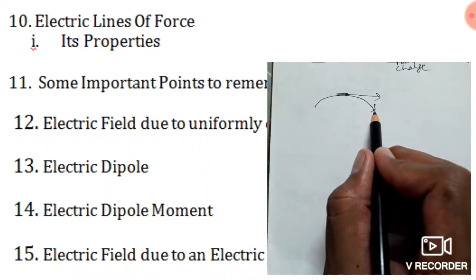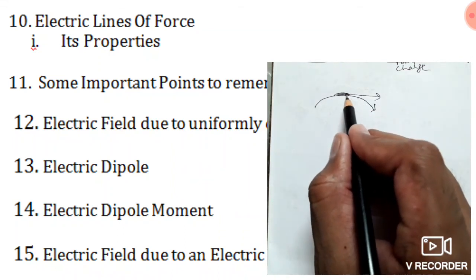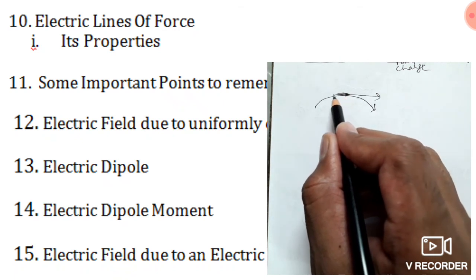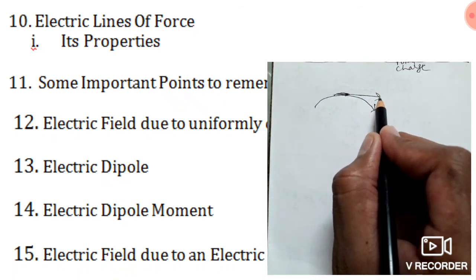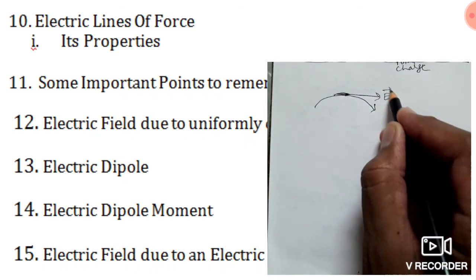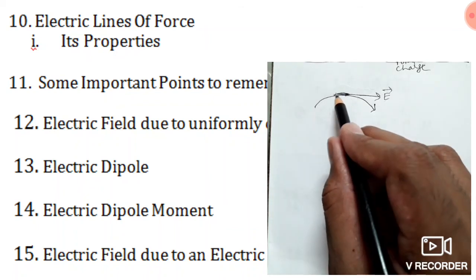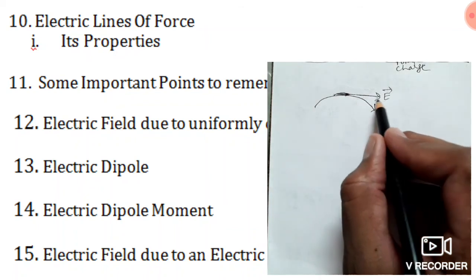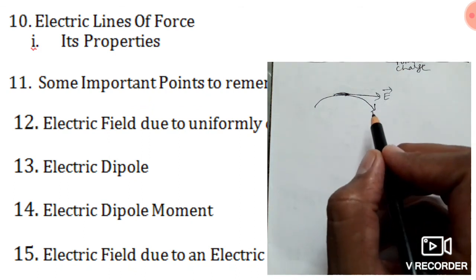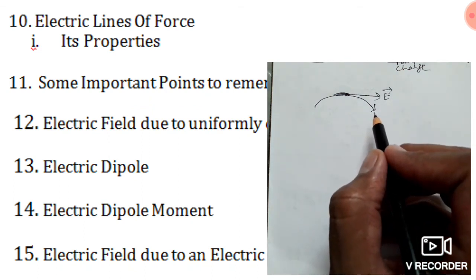So if this is the line of force, then the electric intensity at this point is given by the tangent at this point. This is the property of electric lines of force.